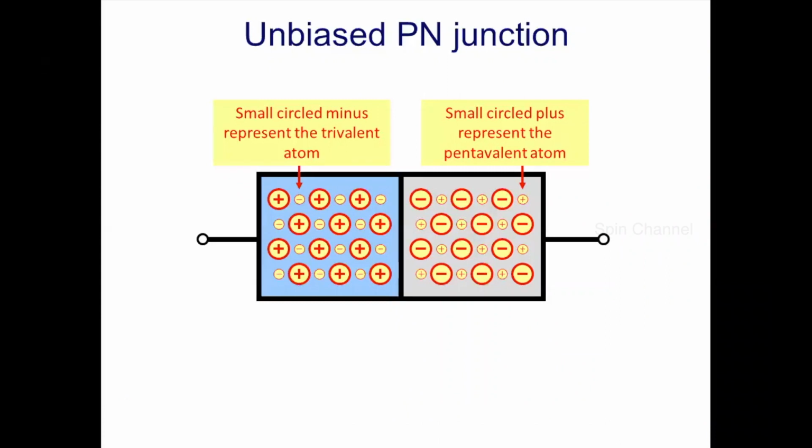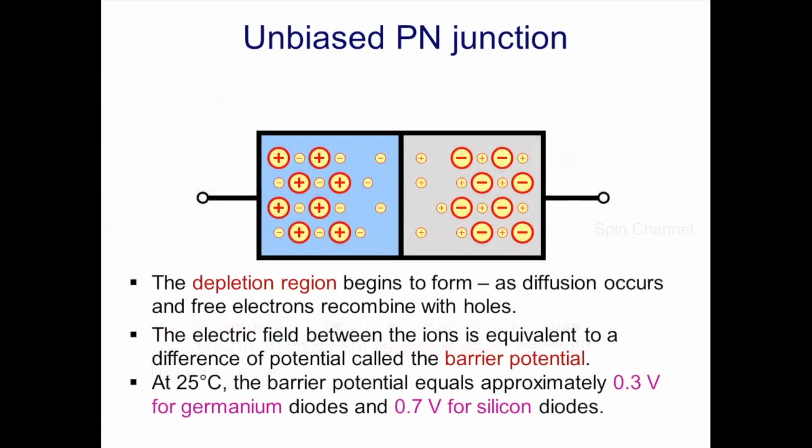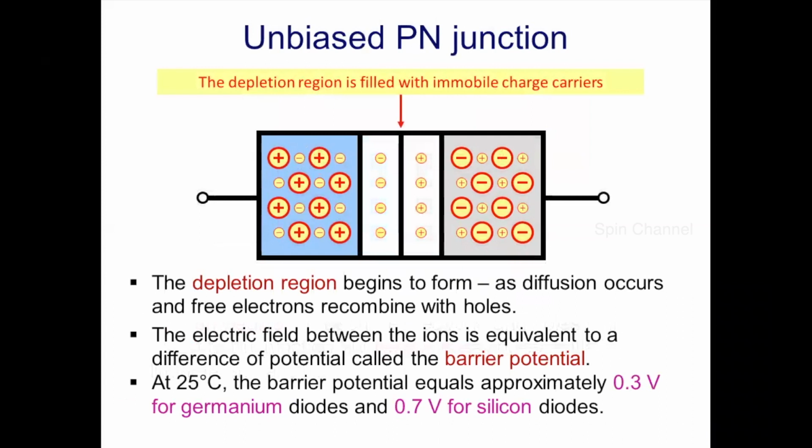Since recombination takes place, the region close to the junction is completely depleted of free electrons and contains immobile charge carriers. So these immobile ions get aligned towards the junction. The junction will have a structure which is completely depleted of free electrons, and this region is called the carrier depletion region or depletion region.